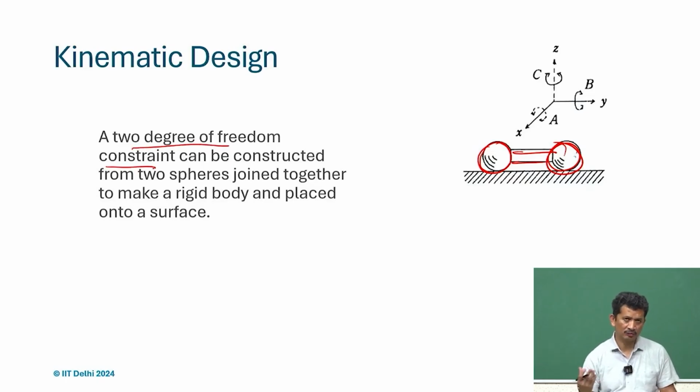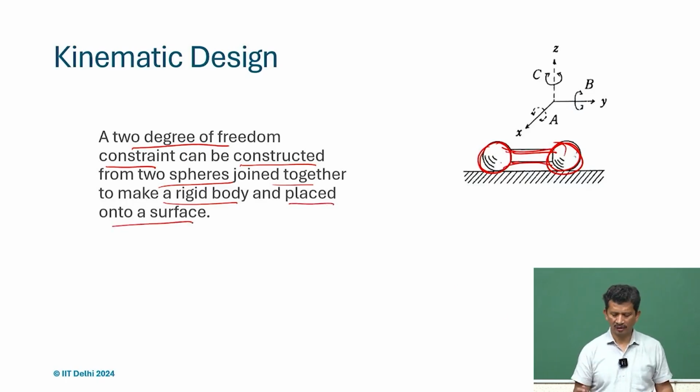So, we want to define 2 constraints, and how can it be constructed? We can use 2 spheres joined together to make a rigid body. So, they are connected rigidly. It can be connected by any means, but here we simply say okay, this is how it is connected and placed on a surface.